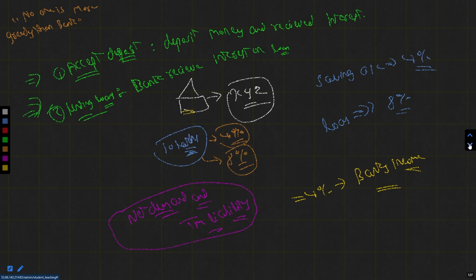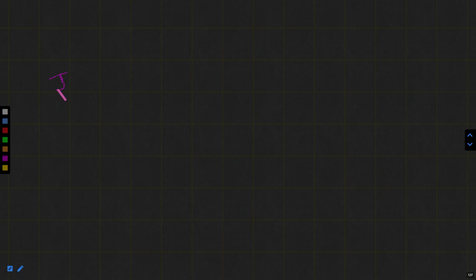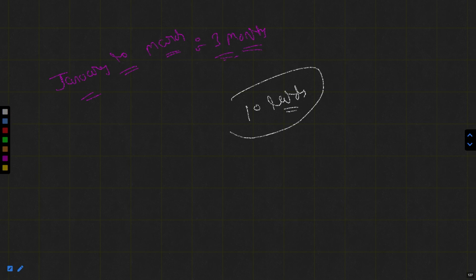Suppose during the month of January to March, a total duration of 3 months, the bank had lent out the entire 10 lakh rupees as a loan at 8% interest.